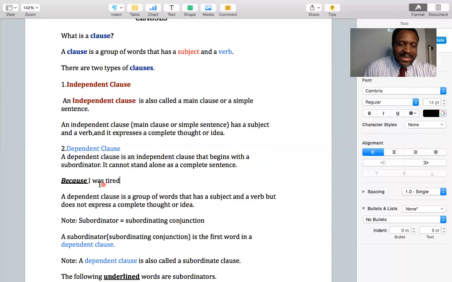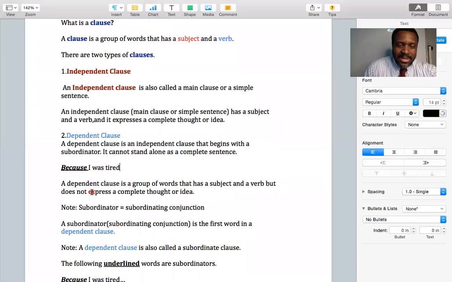Take a look at this again. Because I was tired. If someone says, because I was tired, this does not give us enough information. I would like to know what happened because you were tired. So this cannot stand alone as a complete sentence because it doesn't make sense.